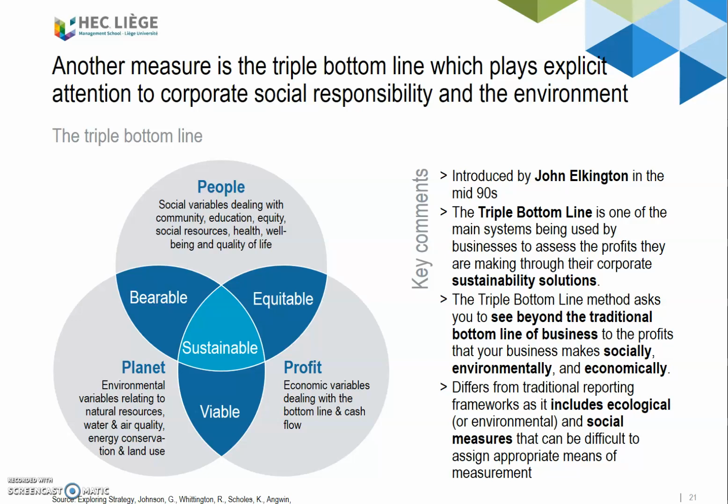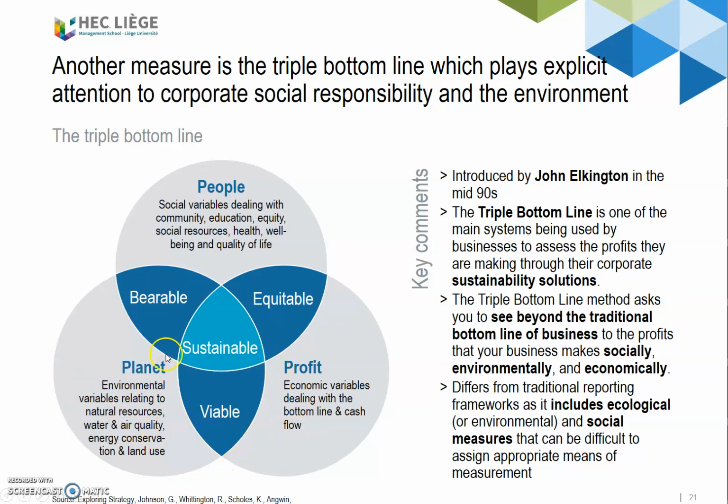And it's only by finding the right balance and the optimum between those three dimensions that you can have a sustainable business. So you see the intersection. If you have only the people and the planet but no profit, okay, it's bearable, but the business will not survive. That's not the goal, right? If it's only people and profit, it's probably equitable, but you forget one dimension. If it's just the planet and profit, it's viable.